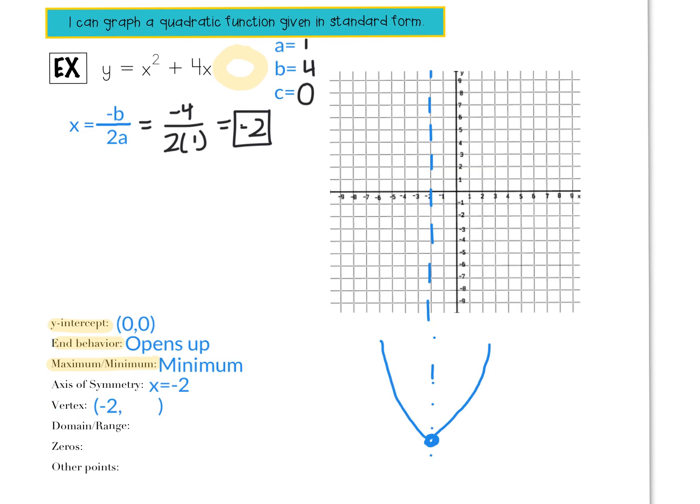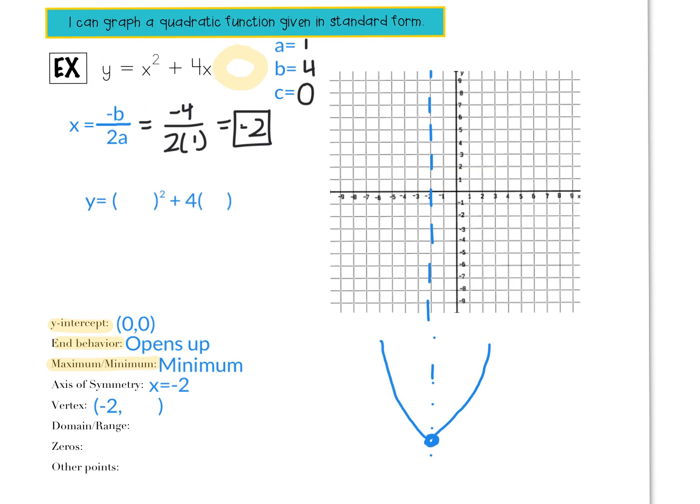So we're talking about this function right here, where all the ordered pairs that make this true are going to be on the line somewhere. And so I'm looking for the output. What is the y value at the point where x is -2? Well, this is nice and easy. All I have to do is take my equation and plug -2 in to find out what the output is at that given input.